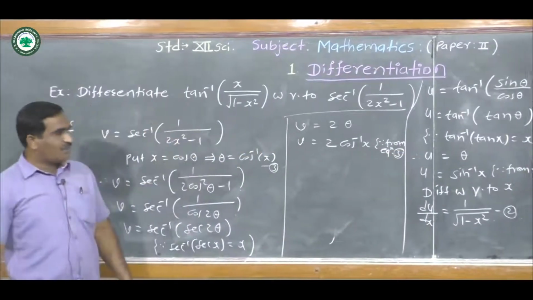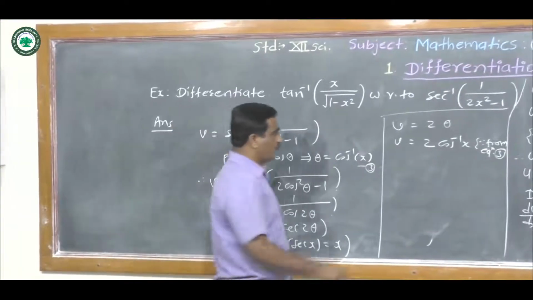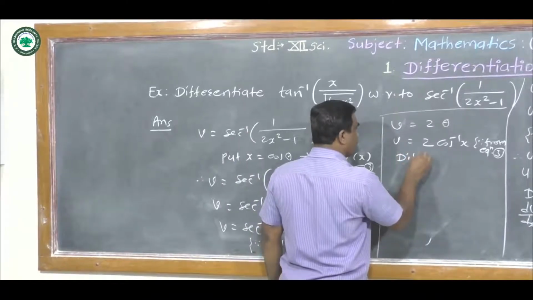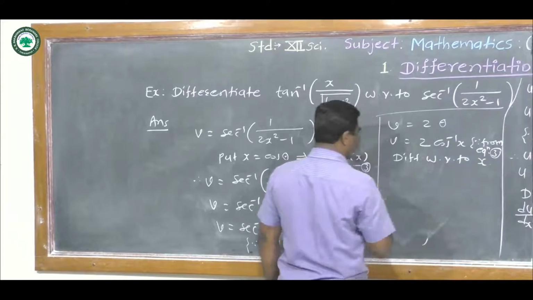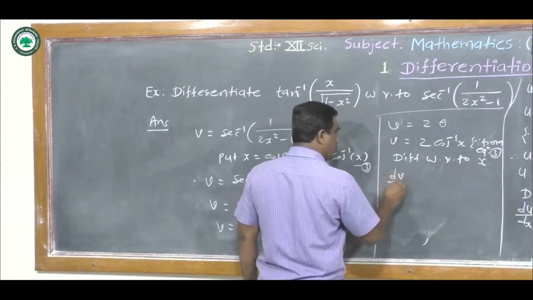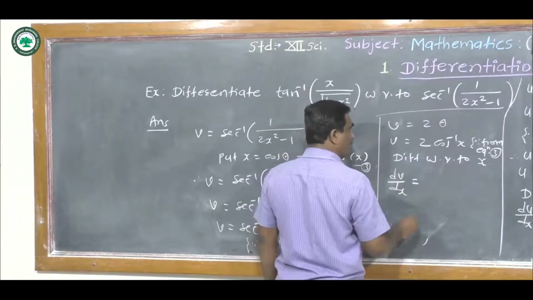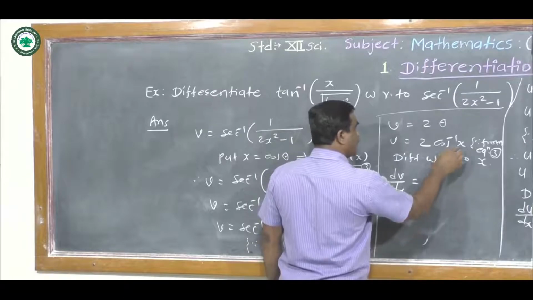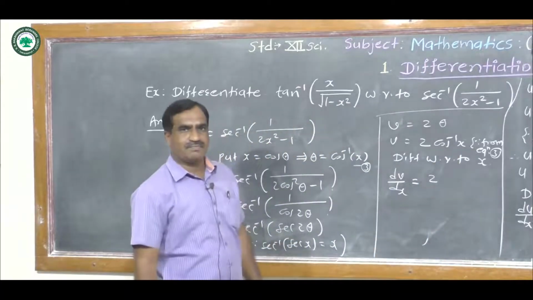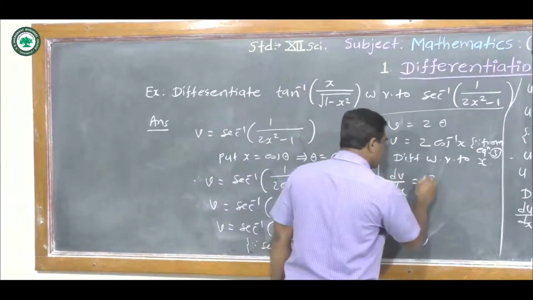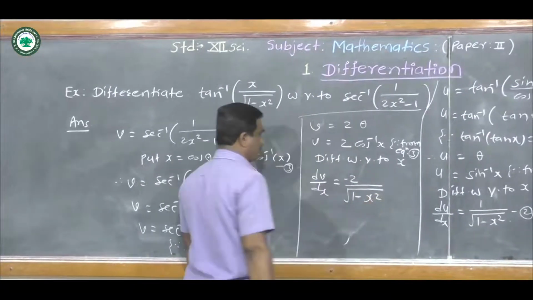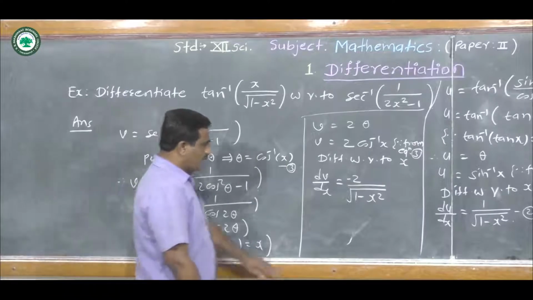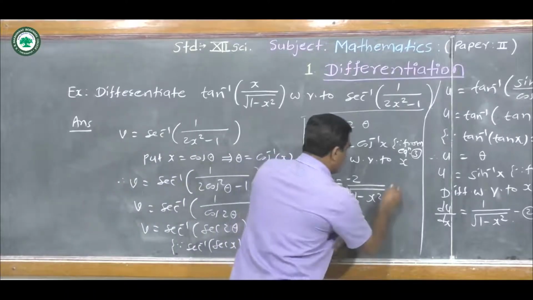Okay. Now differentiate this equation with respect to x. Therefore dv by dx is equal to 2 as it is, times the derivative of cos inverse of x, which is minus 1 upon under root 1 minus x square. Okay. So this is equation number 4.